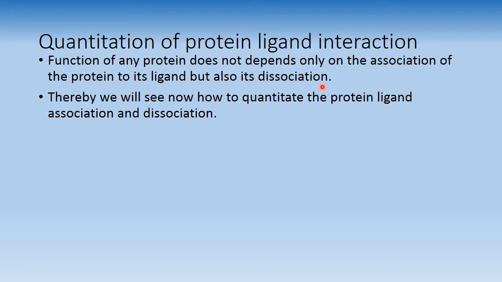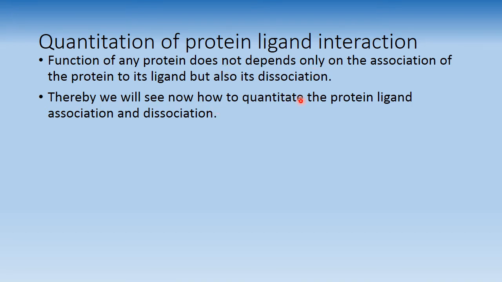Once a ligand has been bound to the protein, it is important that the ligand also dissociates from the protein, so that the protein gets back to its normal conformation and does its function, because every protein needs to do the function that is needed. Overstimulation of any protein or antigen may lead to a hazardous effect, believe me.